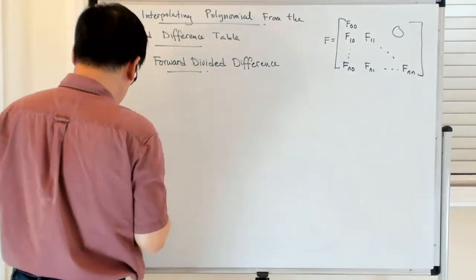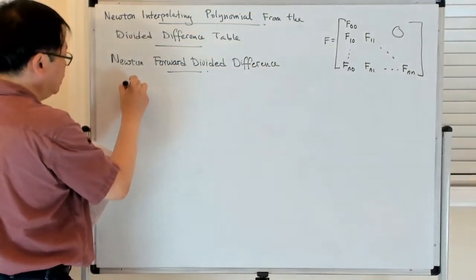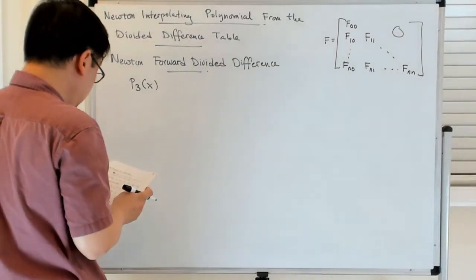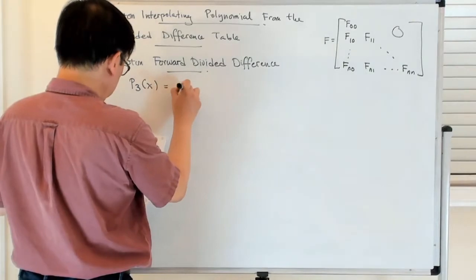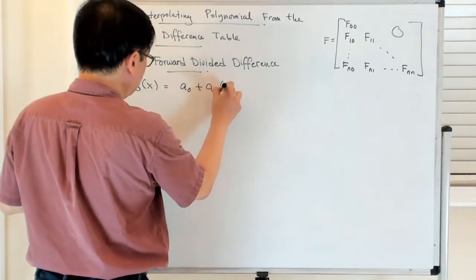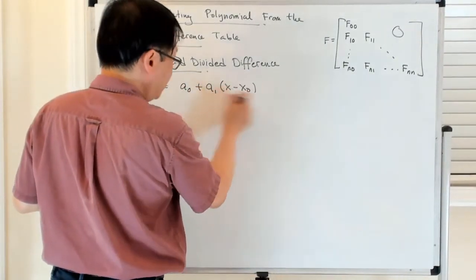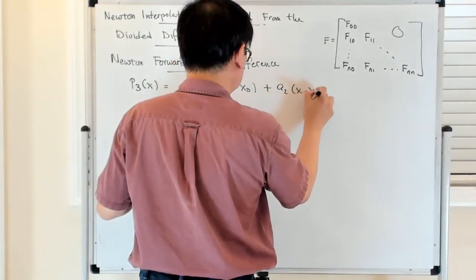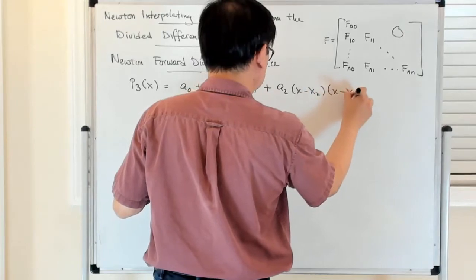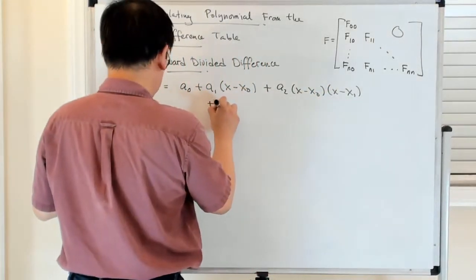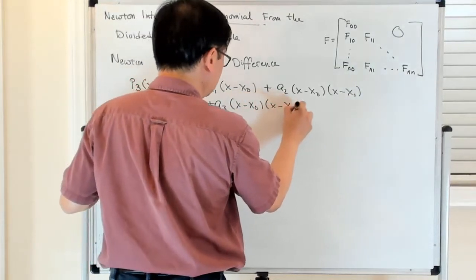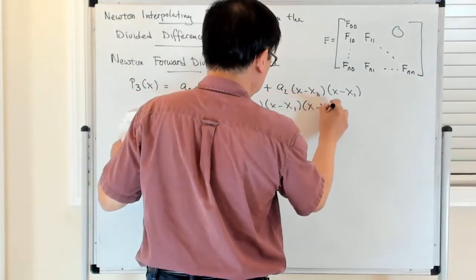Let me illustrate what I mean with an example of a degree 3 interpolating polynomial. It's a0 plus a1 (x minus x0), which is the one we've seen before, plus a2 (x minus x0)(x minus x1) plus a3 (x minus x0)(x minus x1)(x minus x2).